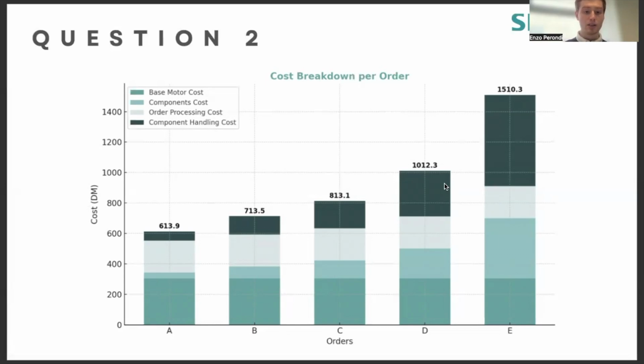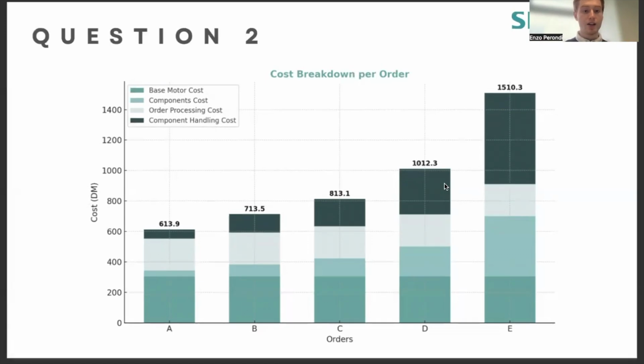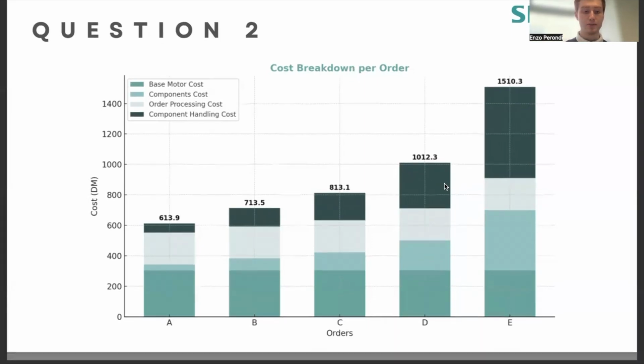And the order processing cost is constant at 210.29 DM for all orders, as shown in the same section across all bars. And finally, at the top, we have the component handling cost, which is the most variable part. It grows significantly with the number of special components, as you can see in orders D and E.